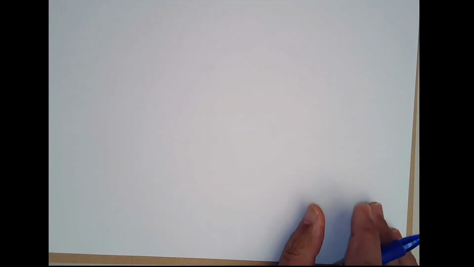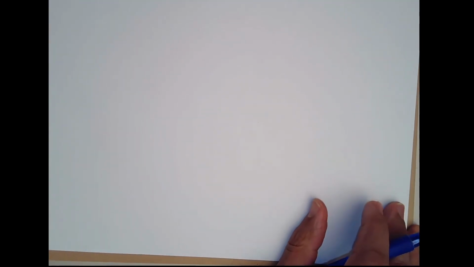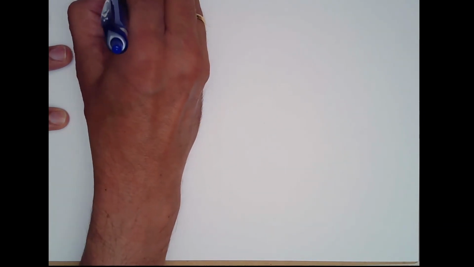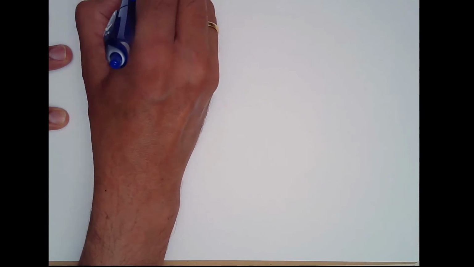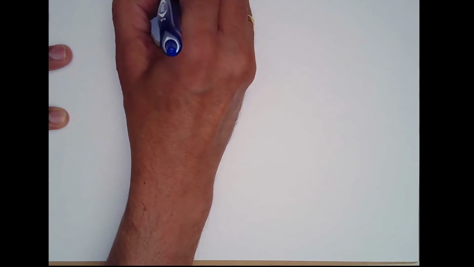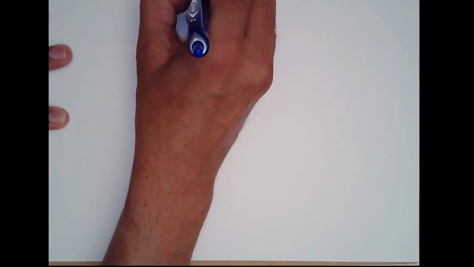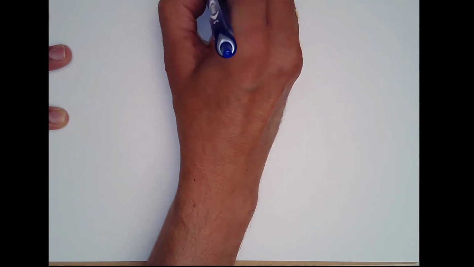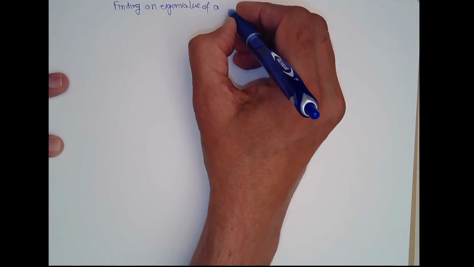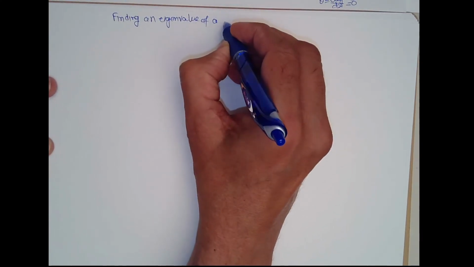So a little bit I discuss of the eigenvalue of a matrix. What do we call the eigenvalue? Finding an eigenvalue of a square matrix.